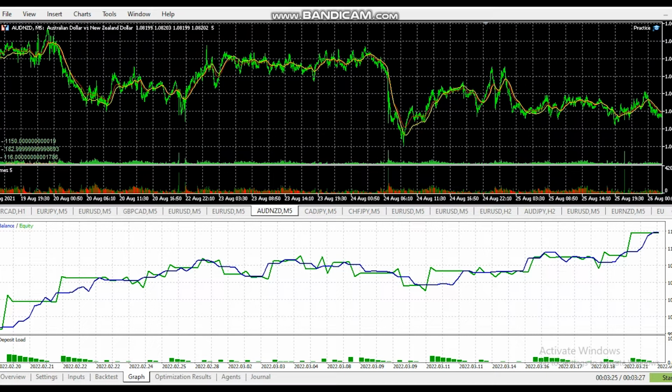So I've tested this over multiple periods, and it does seem to perform quite well and identify good entry points. So I will keep you updated on the exit strategy that I'm working on. I just have to code it out properly now.